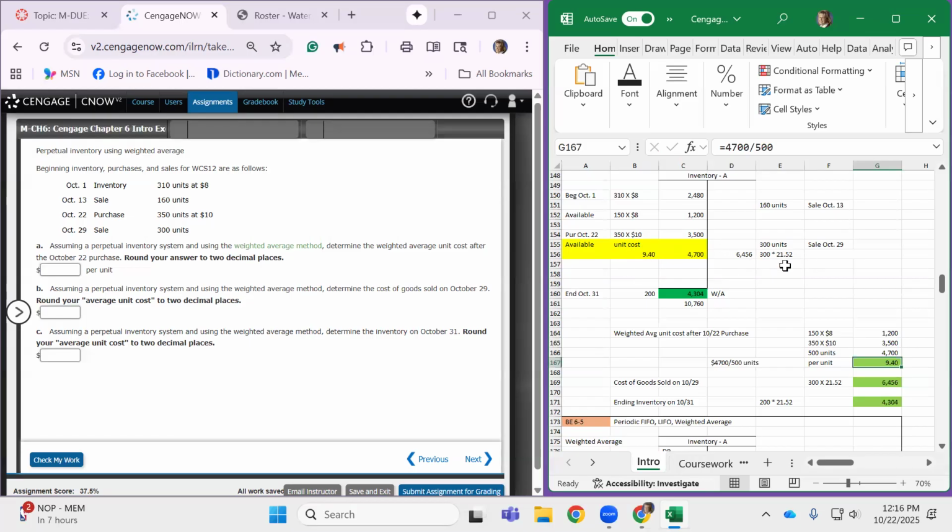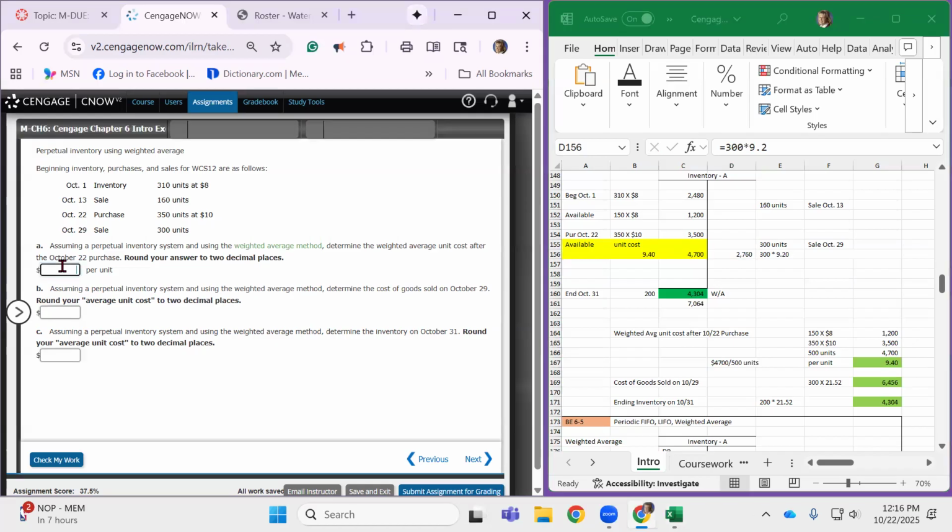So we sold 300 units, and that's how much the cost will be, $9.20. Okay, and then I need to capture how much that is. So 300 units times $9.20. That's $2,760 is the amount that we sold.